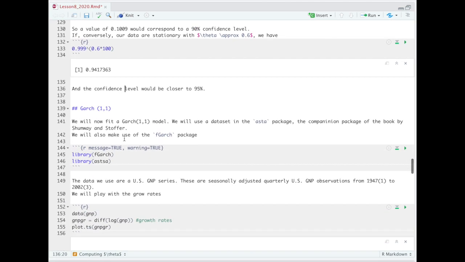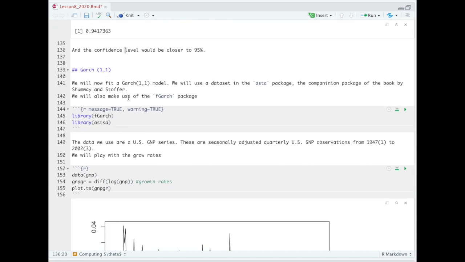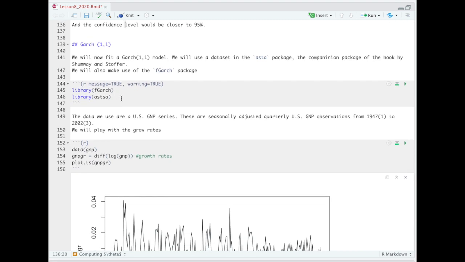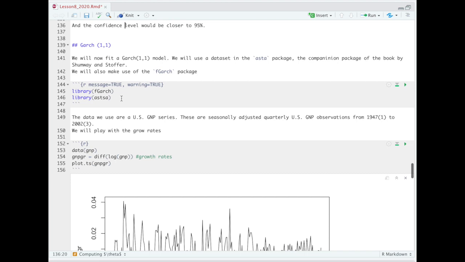Okay, so now what I want to do is to briefly, very briefly discuss how we can estimate a GARCH 1-1 model using R. The way in which we can estimate ARCH models is completely the same, so I leave that to you if you are interested. We will use a dataset that is contained in the ASTA package.